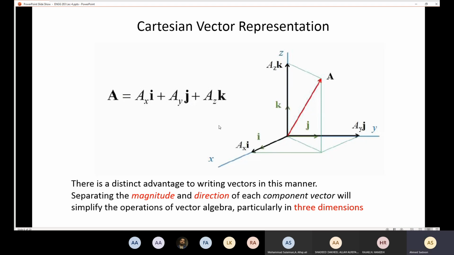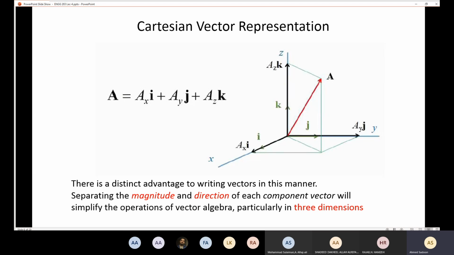And you are going to ask yourself why we are using this formula. In this formula, we separate the magnitude from the direction. So this one is the magnitude, this one is the direction, magnitude, direction, magnitude, and direction. Because when we make any operation using vector algebra, using this formula makes it very easy to add or subtract them, like you are going to see later on when we have more than one vector and we want the resultant in 3D.